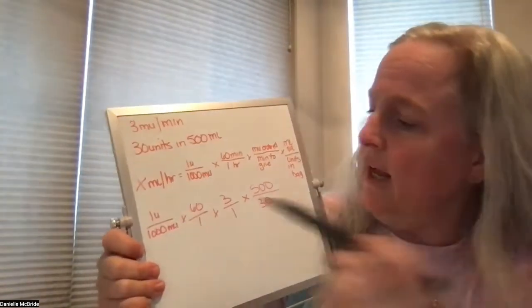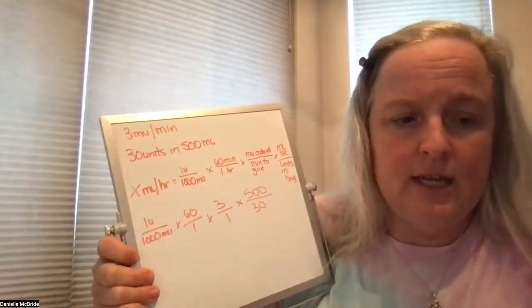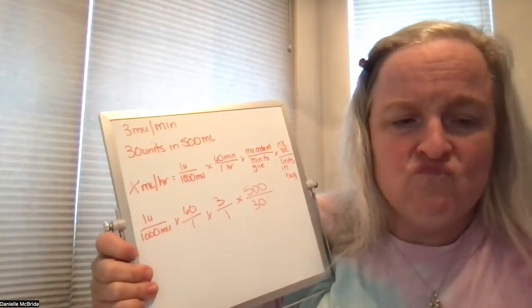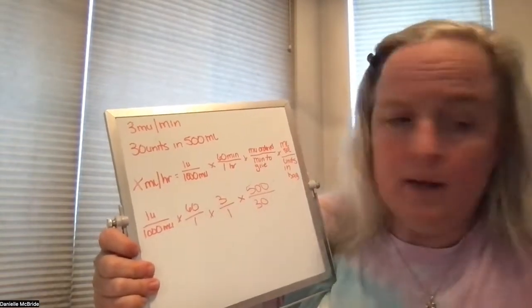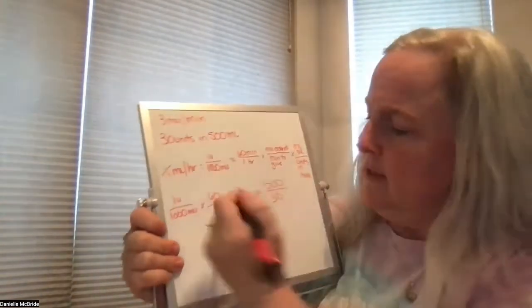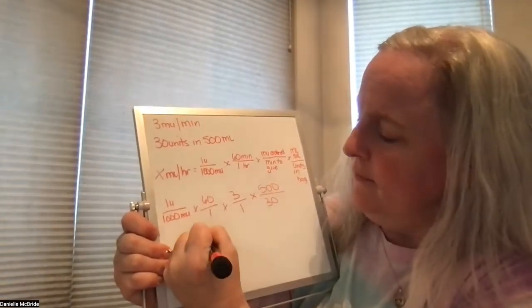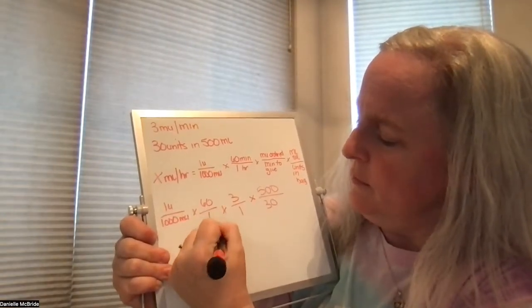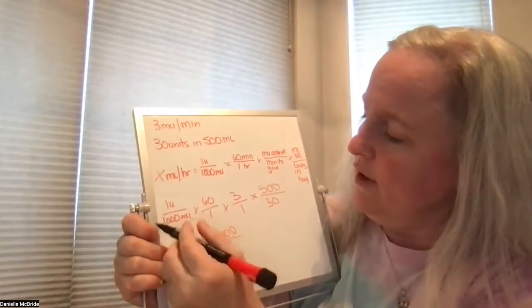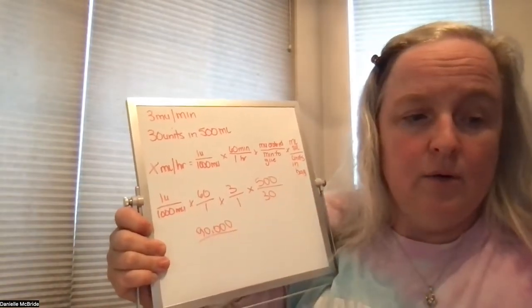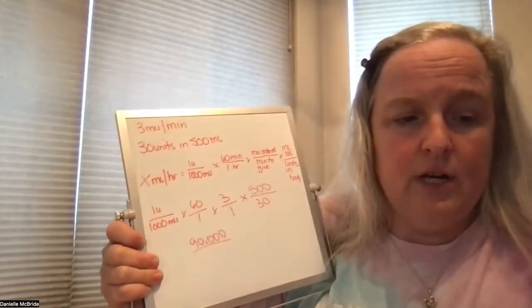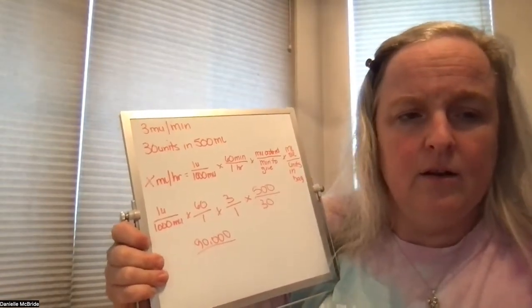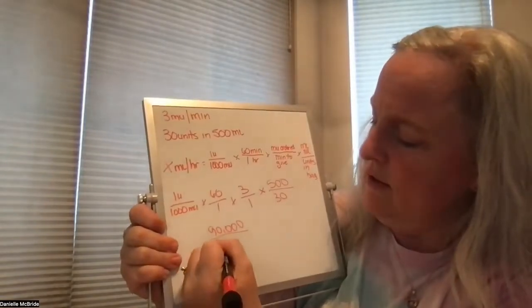And we're going to say 1 times 60 times 3 times 500 is 90,000 on the top over 1,000 times 1 times 1 times 30 is 30,000.